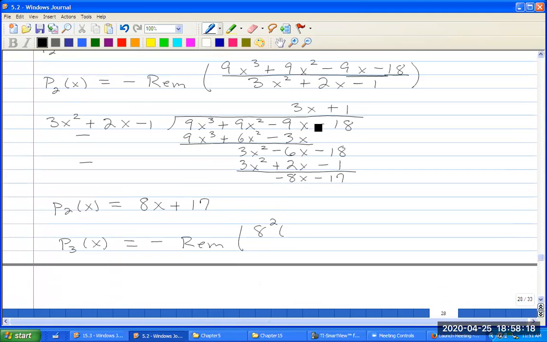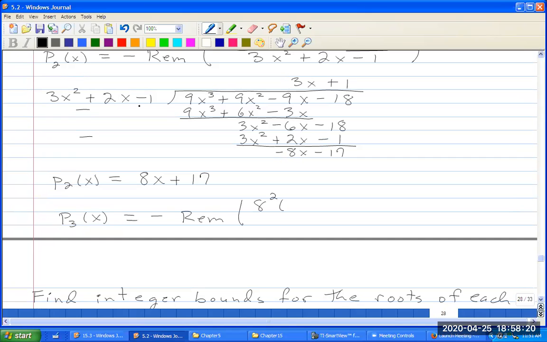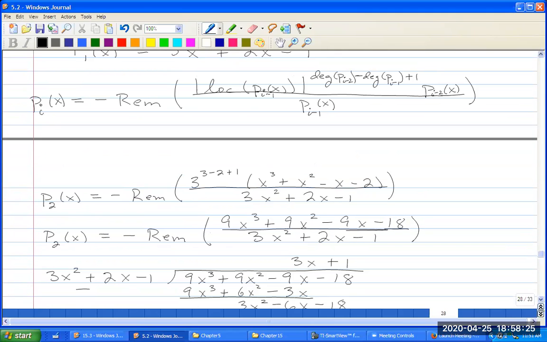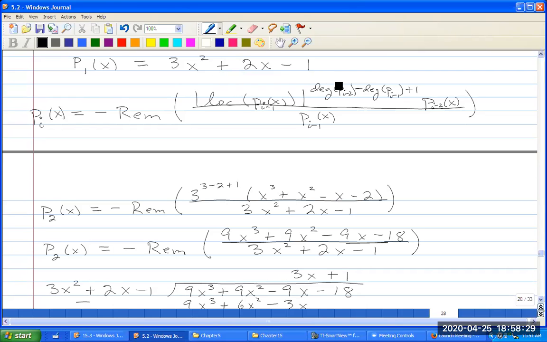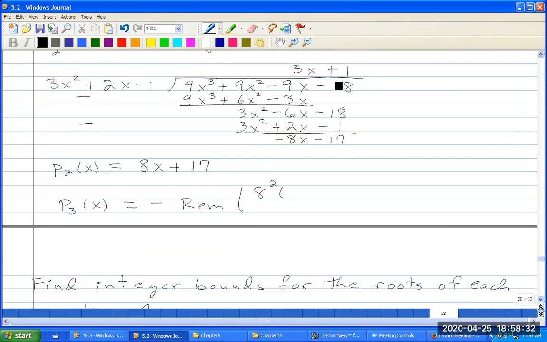And the one two before was the first one, which was 3x squared plus 2x minus 1, divided by the previous one, 8x plus 17, which is good.